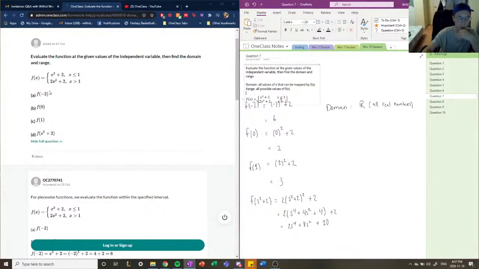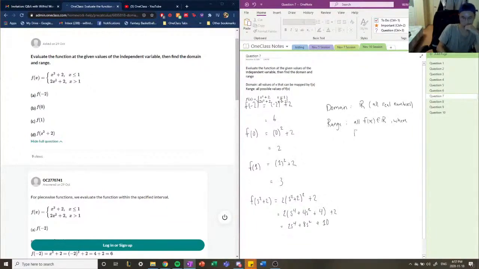So we now know that the range of this piecewise function is all f of x belonging to the real number set, where f of x is greater than or equal to 2.